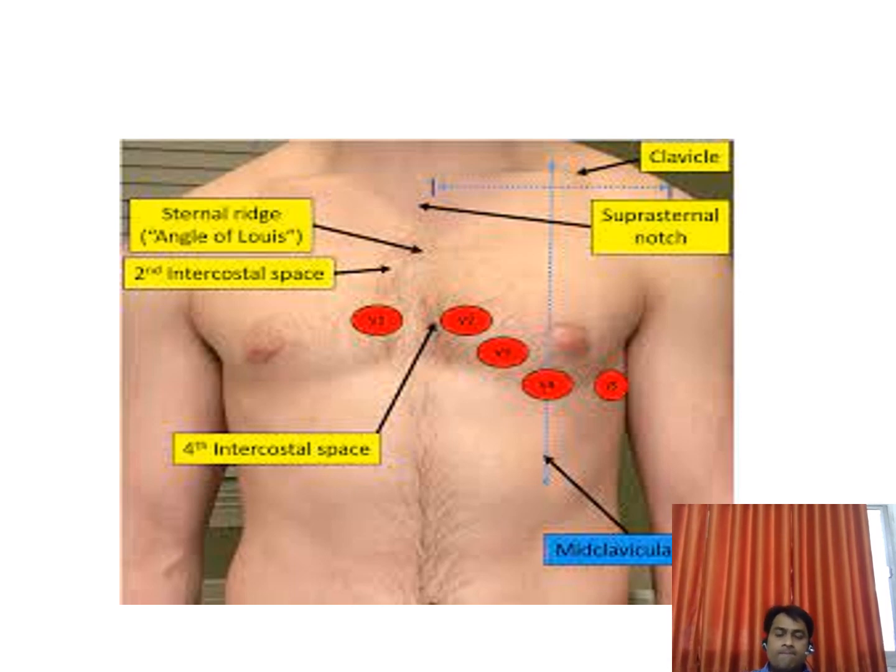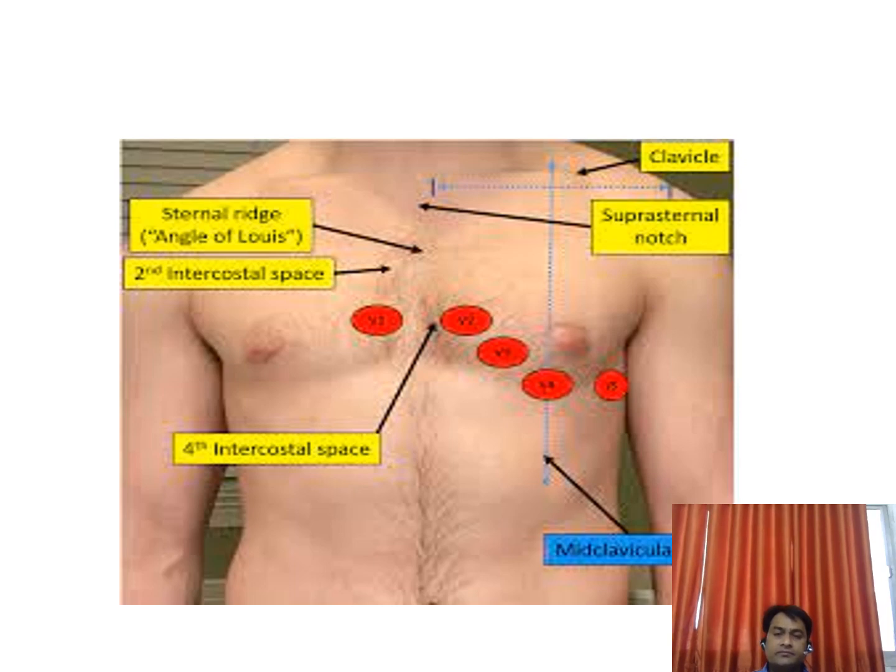This is called the chest leads because the electrode is placed over the chest. V1 is where the active electrode is placed in the fourth intercostal space right parasternally. V2 is where the active electrode is placed in the fourth intercostal space left parasternally. V4 is where the active electrode is kept in the fifth intercostal space at the mid clavicular line.